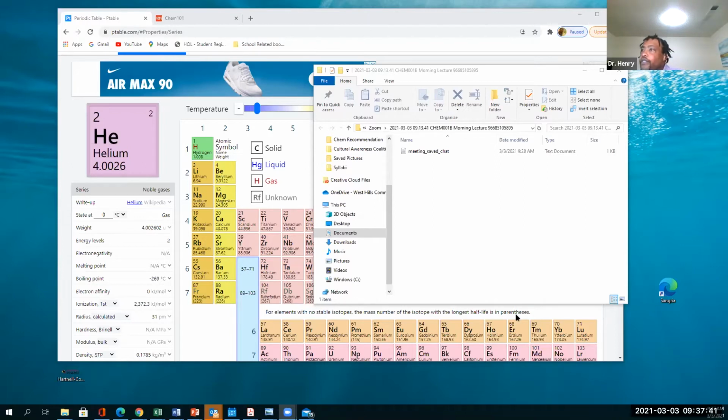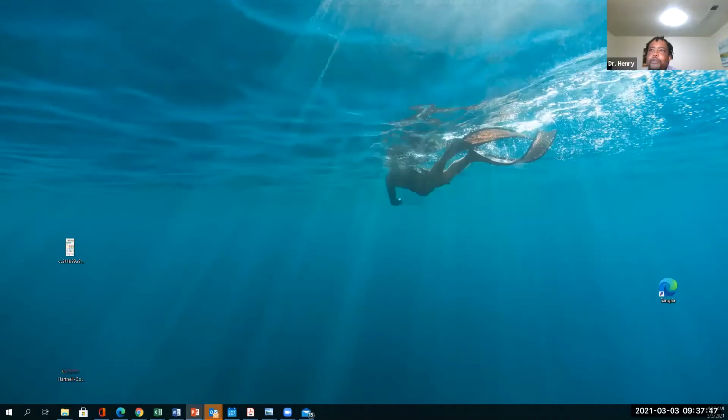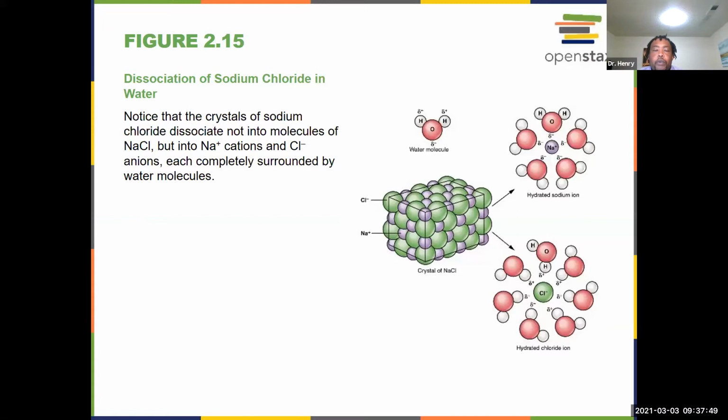Okay, can you guys see my screen? Yes. So when we talk about dissociation of sodium chloride, when there's no water around, it is a very strong interaction, mainly done by electrostatic interaction, plus and minus coming together.